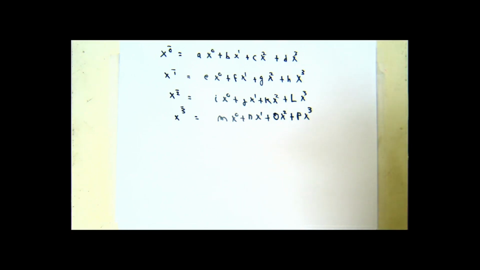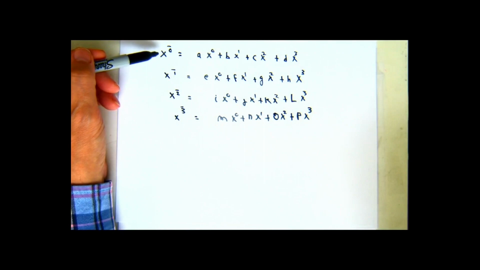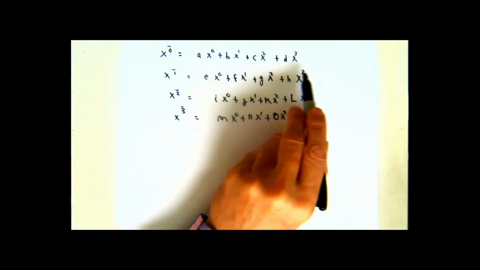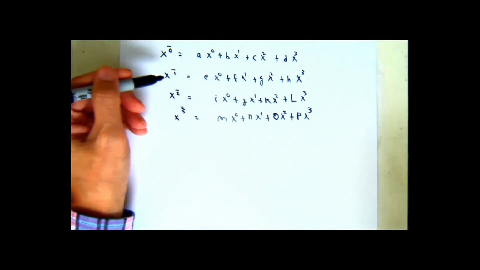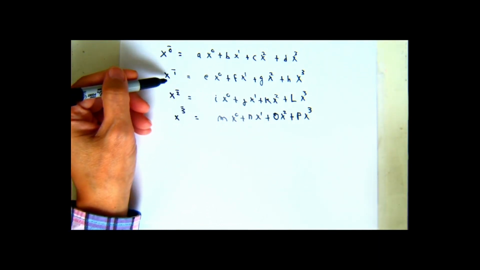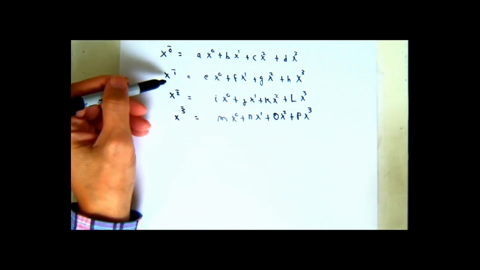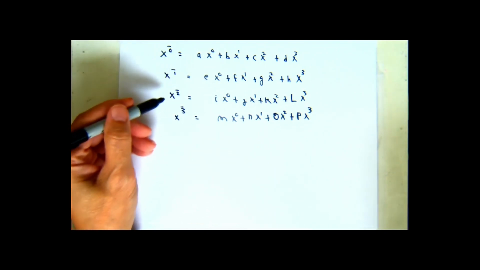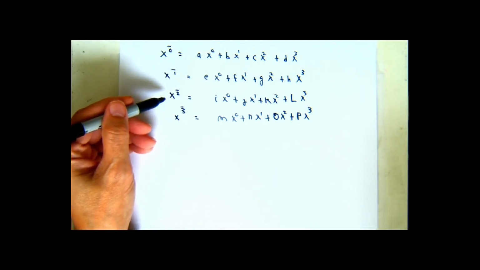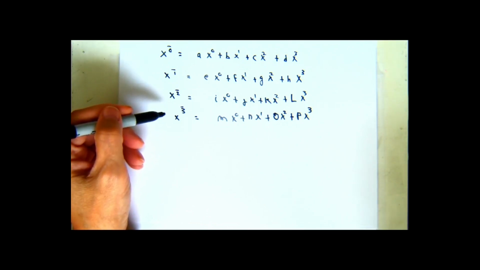We are going to adopt a notation for this. Since I'm calculating x0 bar here, all the coefficients in this first equation are going to have an upper index 0 bar. All the numbers that are coefficients in the second equation will have an x1 bar, likewise x2 bar, and x3 bar.